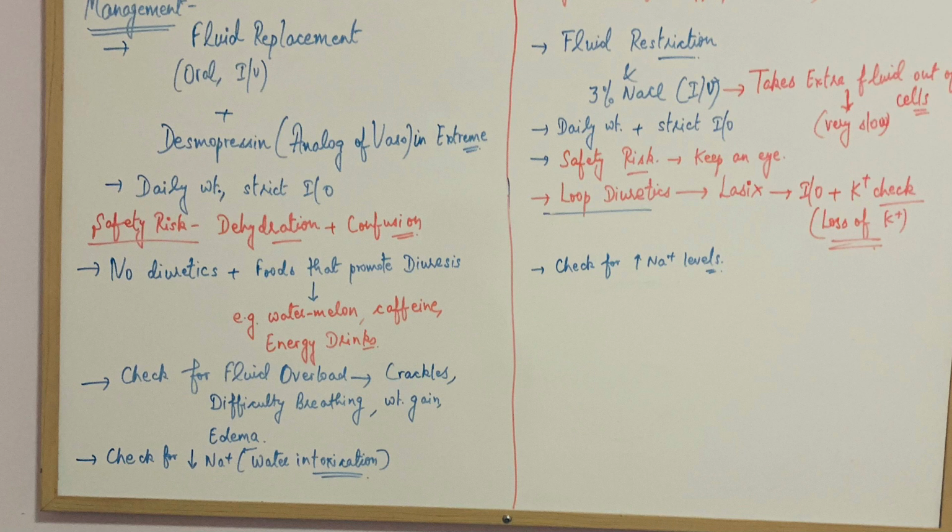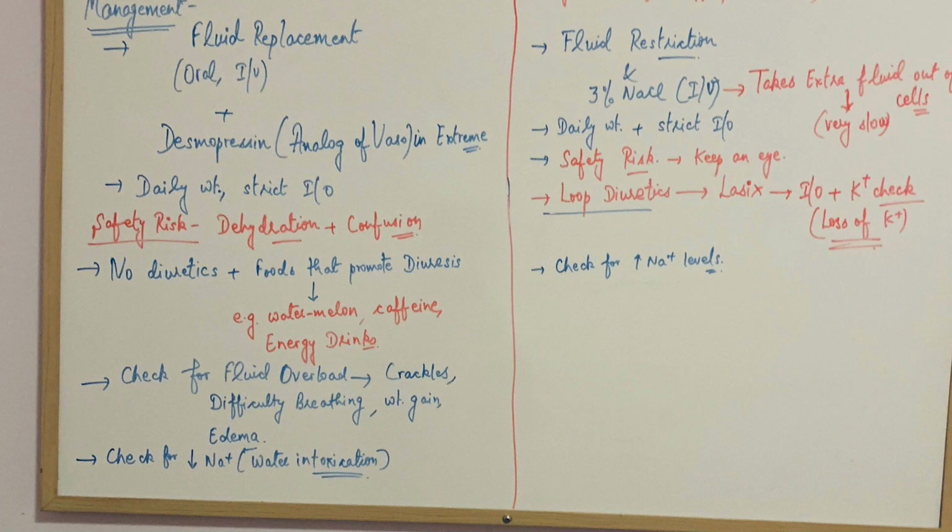And because of imbalanced sodium levels, it can lead to confusion, and because of confusion it can lead to risk of falls. So safety risk is very important in both conditions. So it's a primary nursing responsibility to take daily weight, intake output, and safety precautions.